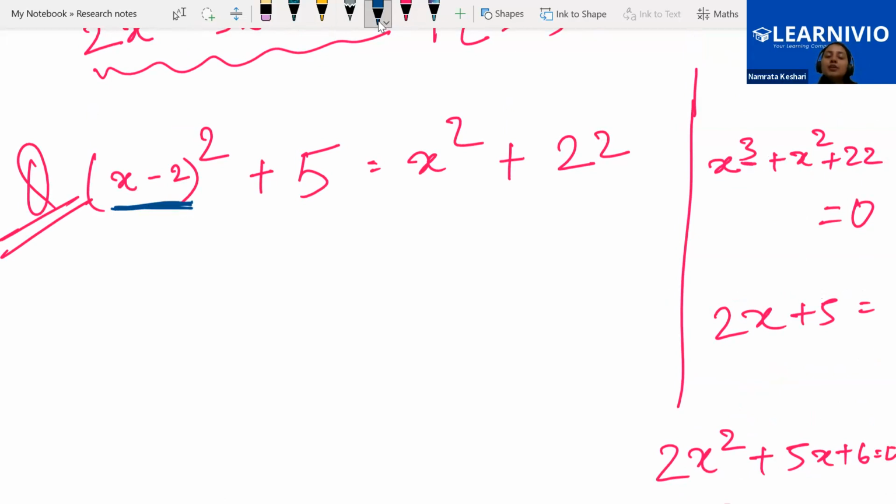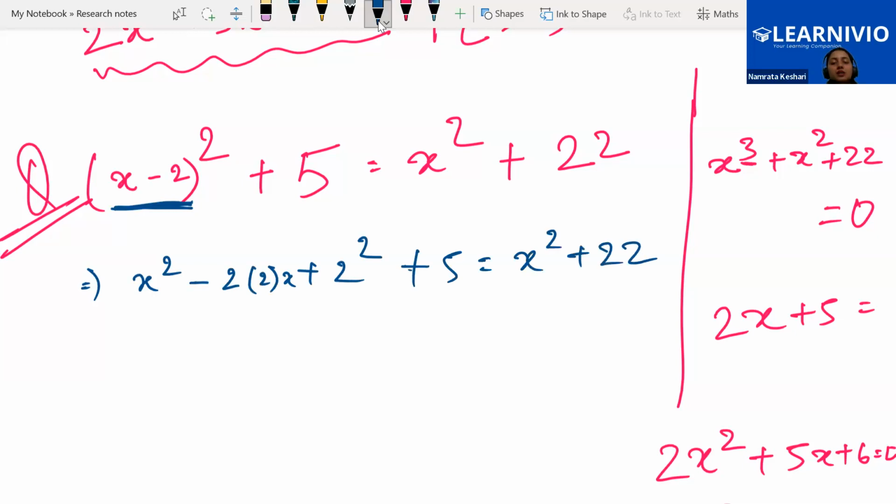Can you tell me what we are going to have? x minus 2 whole square will be? x square plus 2 square minus 2ab. Minus 2ab, that means 2 into 2 into x, right? Yes, ma'am. 2 into 2 into x, plus 5 is equal to x square plus 22.